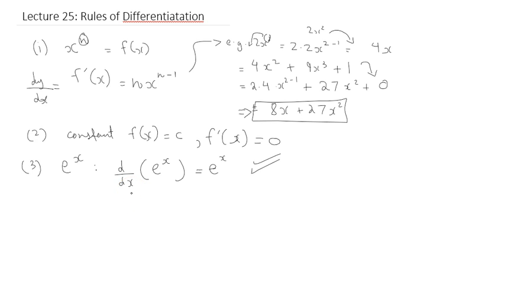Another important thing to note about the first case is that this could be applied to any value of n. So if you have something weird, like a function that looks like x to the power 1 over 2, then evaluating this would simply give me 102 times x to the power 101.